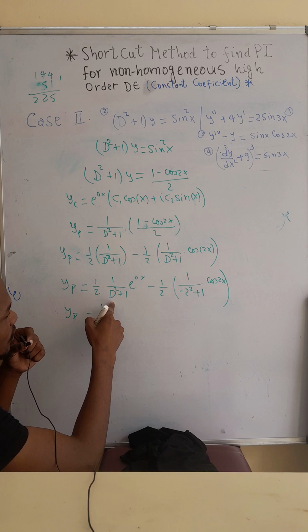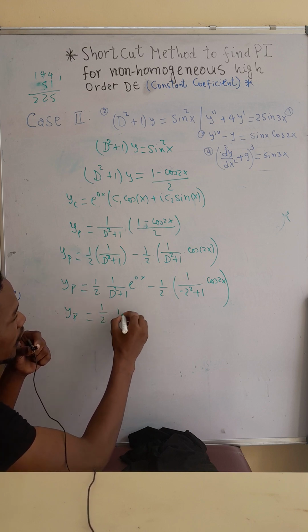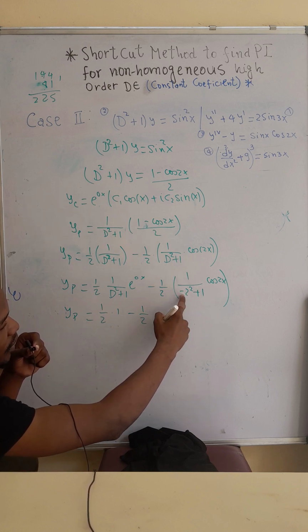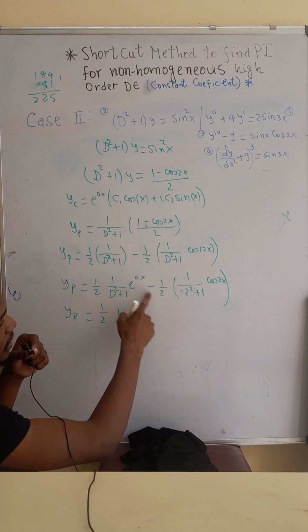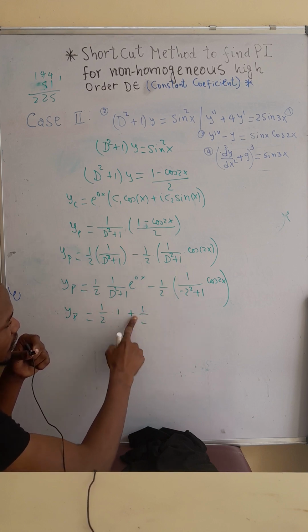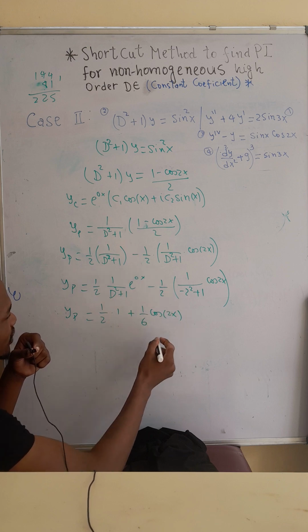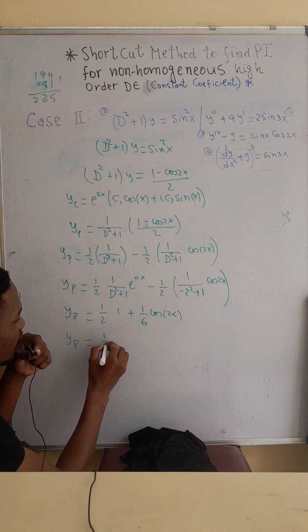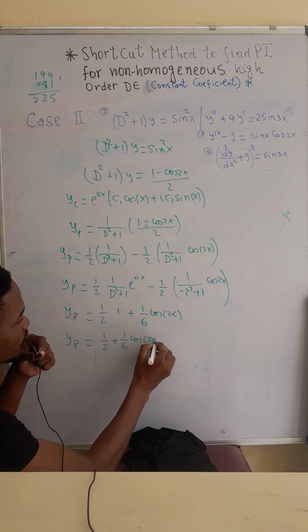Put here 0, it will be 1 only. So 1 times 1 by 2, minus 1 by 2, and here you are going to have minus 3. So minus 3 times this minus 1 by 2 will be plus, and here will be 6, and this will be cos of 2x. So in general, yp will be 1 by 2 plus 1 by 6 cos of 2x.